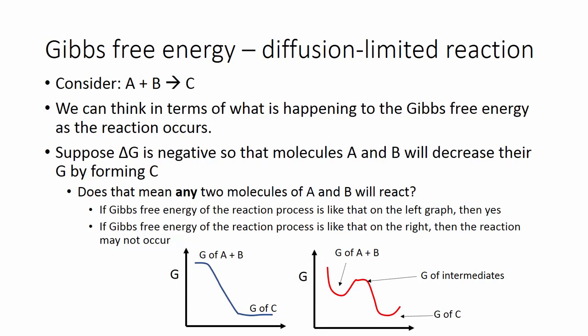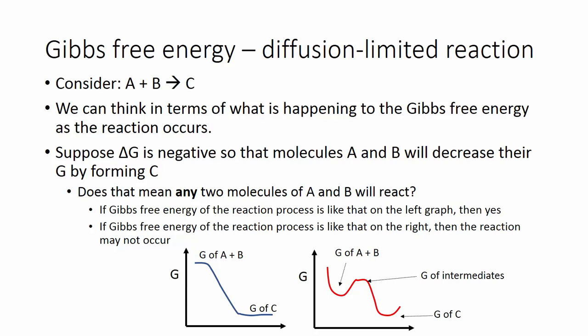As you might imagine, Gibbs free energy isn't too far away here when we're talking about chemical reactions. If we consider our old A plus B yields C equation, we can think in terms of what is happening to the Gibbs free energy as the reaction occurs. So suppose delta G is negative, so that molecules A and B will decrease their Gibbs free energy by forming C. Does that necessarily mean that any two molecules of A and B will react?